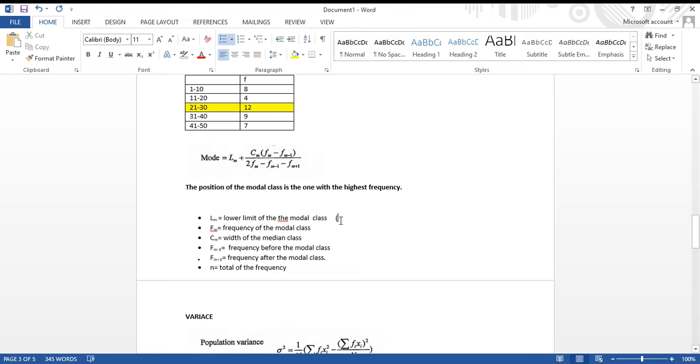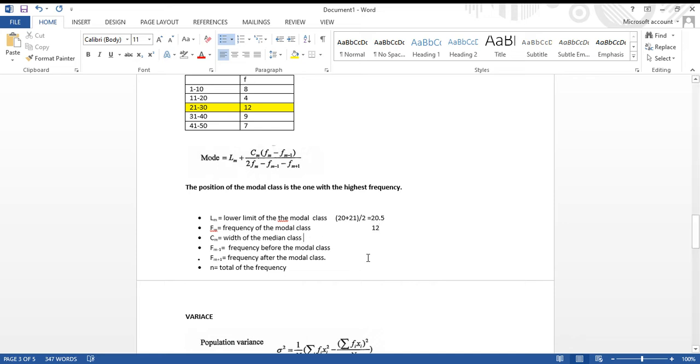So the lower limit is 20 plus 21, we're just taking the average, which gives us 20.5. So that's the lower limit of the modal class. FM is the frequency of the modal class. The frequency is 12.